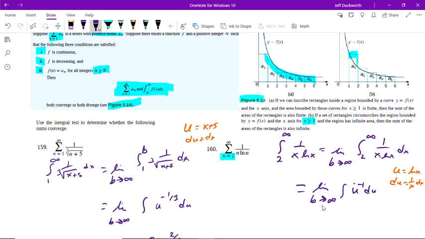That works, right? Again, we can integrate this. So this is going to be the limit as b approaches infinity. Well, u to the negative 1, that's going to be a natural log. So it's natural log of natural log. So this is ln of ln of x, all evaluated from 2 to b.